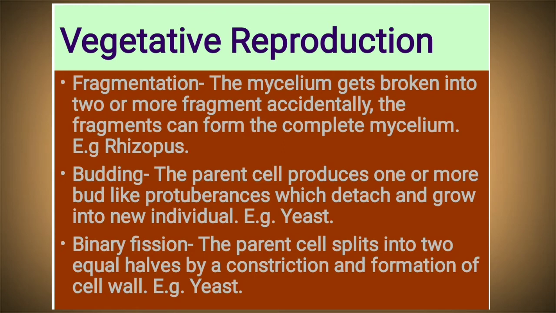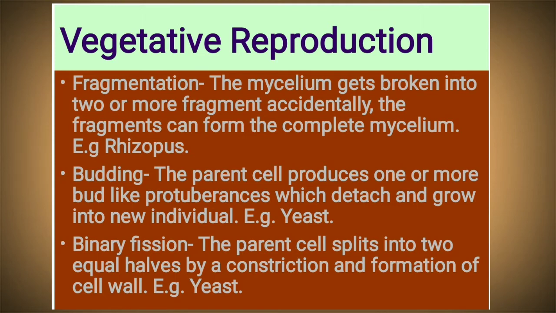Vegetative reproduction means that when any vegetative part of the body, that is, a part not related to the sexual reproduction process, gets involved in the formation of a new individual, it is called vegetative reproduction.